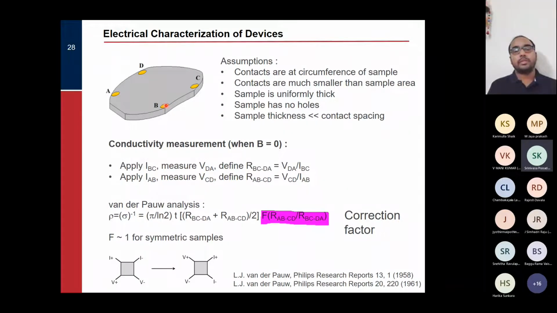The third assumption is that the sample is uniformly thick, which I explained already, and that the sample has no holes, meaning it is not discontinuous. The sample thickness has to be lower than the contact spacing.